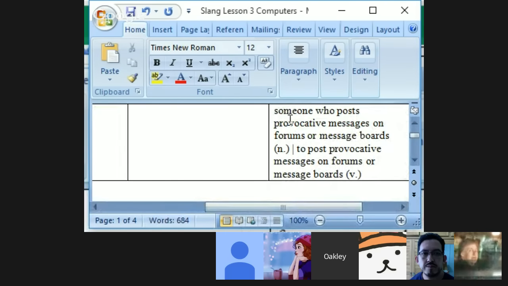Okay, so let's take a look here. Someone who posts provocative messages. Provocative, they're trying to get a reaction. They may not even be sharing their actual opinion. Maybe they are, maybe they're not. They're just trying to upset people. It can also be used as a verb, to do so.